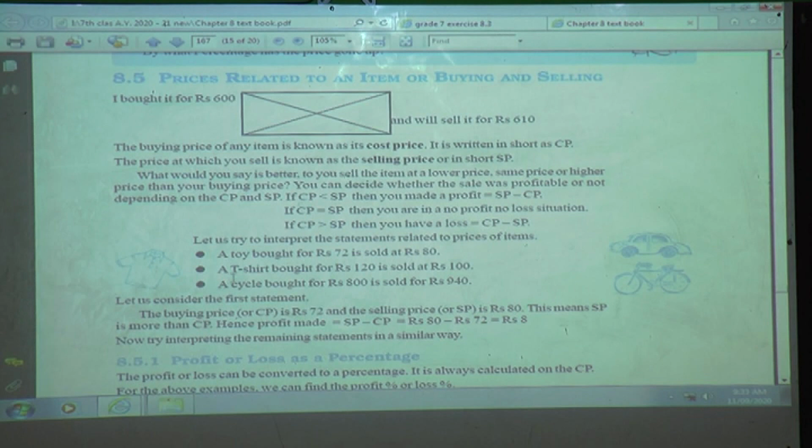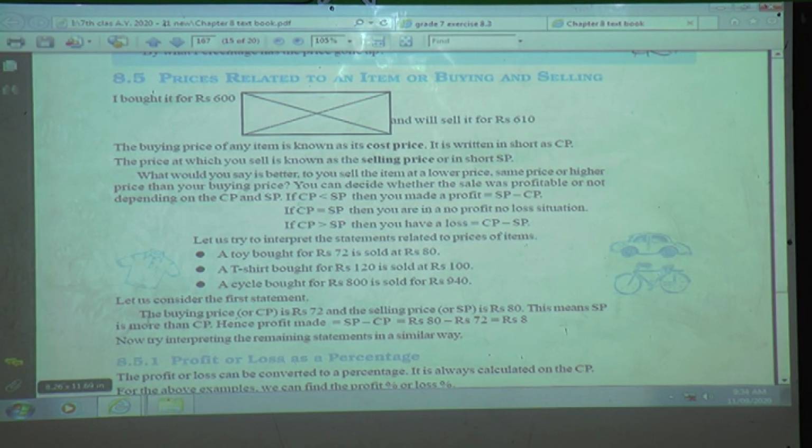A t-shirt bought for rupees 120 is sold at rupees 100. If you bought a t-shirt for 120 rupees and sell it at 100 rupees, what will be the situation? A cycle bought for rupees 800 is sold for rupees 940. Let us consider the first statement one by one.